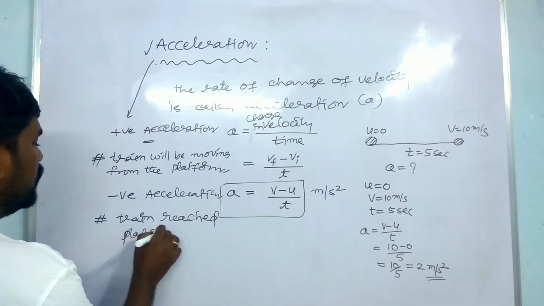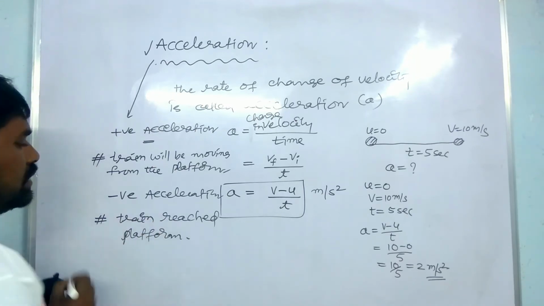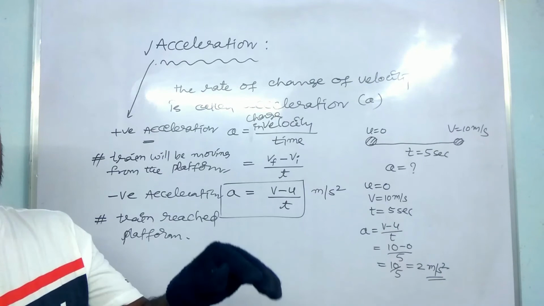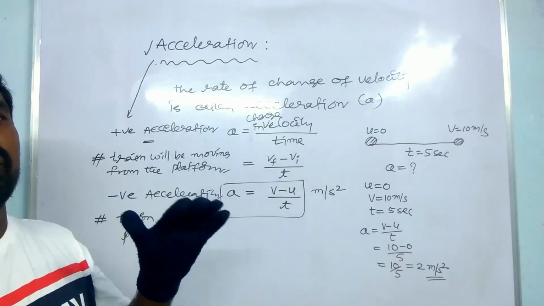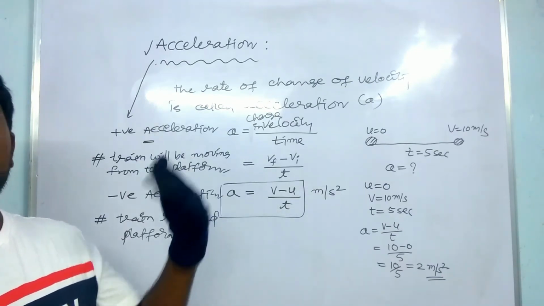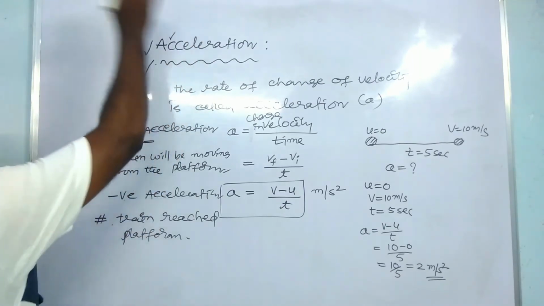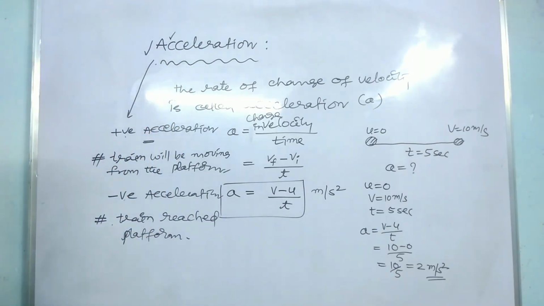When the train reaches the platform, its speed decreases and it stops within a short time, and after that it again increases its speed. So in this case it has negative acceleration, and in this case it has positive acceleration. Simply it can be said to be acceleration, right?